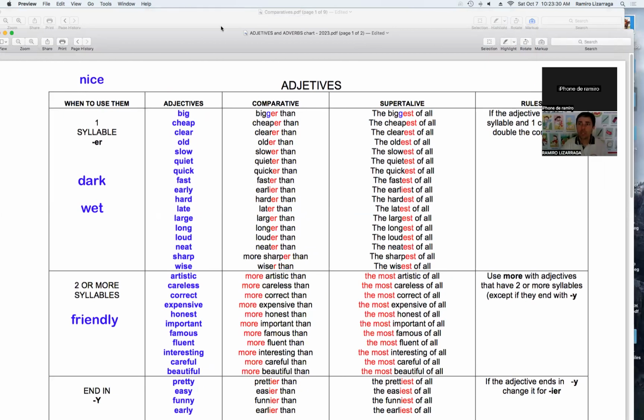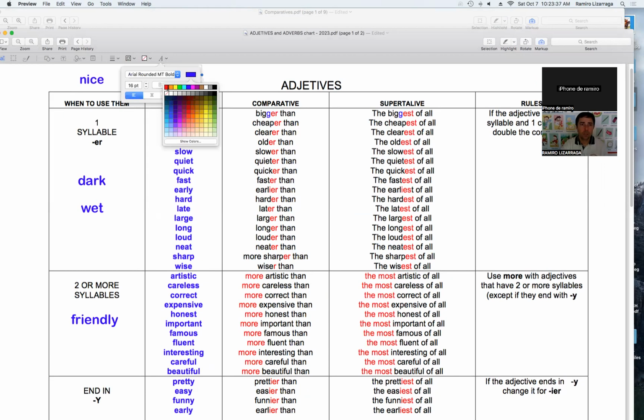It's going to be easier for you to understand and for me to explain. Okay, less than cannot be used with adjectives with one syllable. We cannot use it with cheap, with clear, with all. No, we cannot.